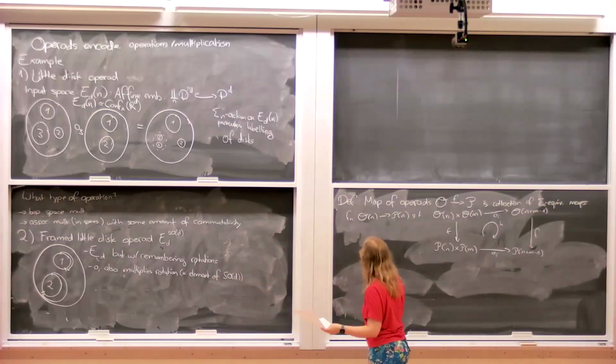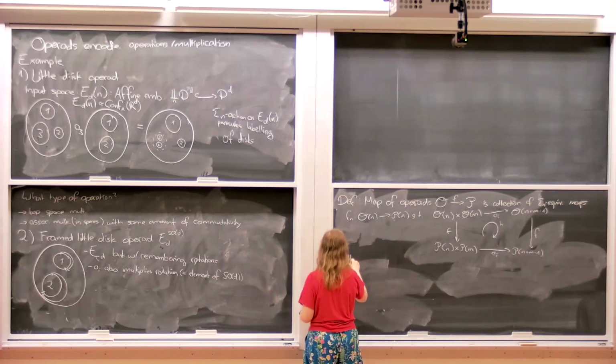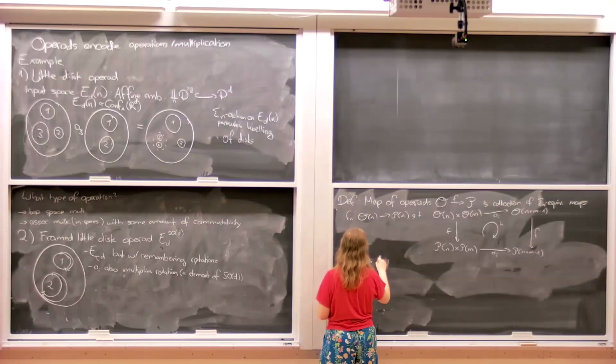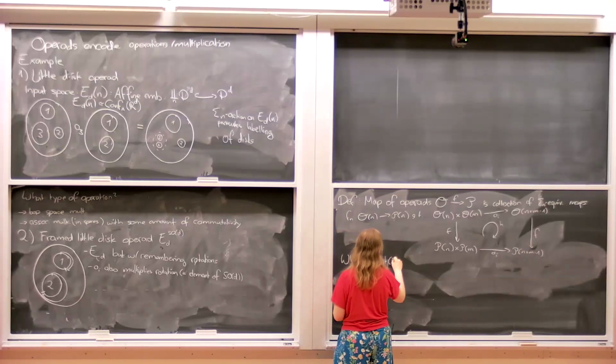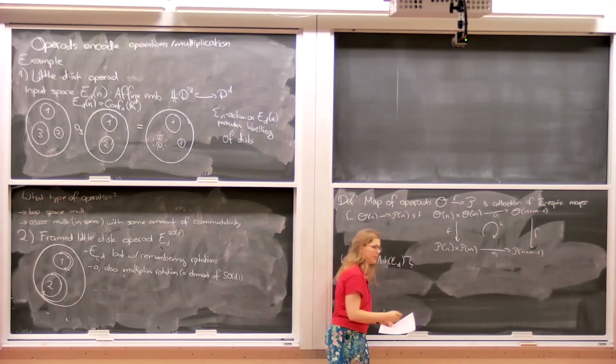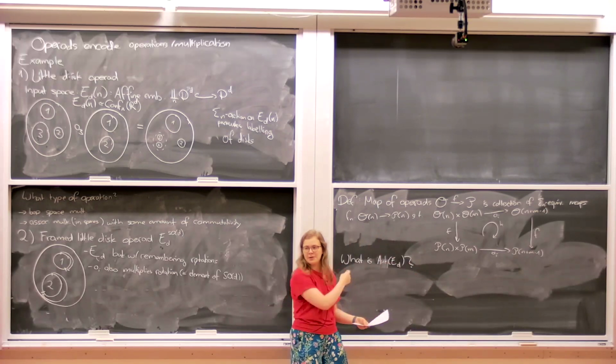So now one can ask, what is Aut of E_d? What are the automorphisms of the little disk operad, even the framed little disk operad? The problem is, this is a really hard question.